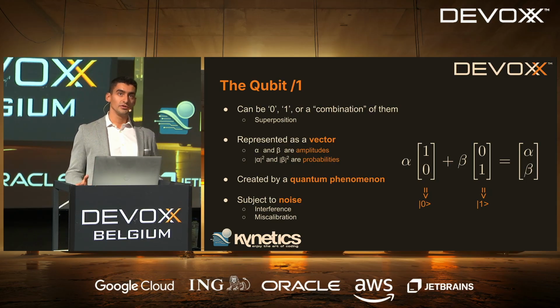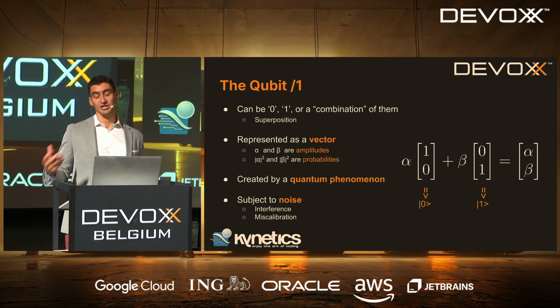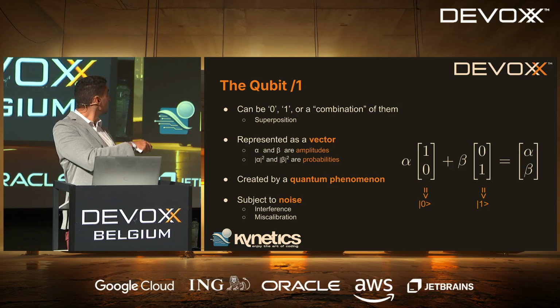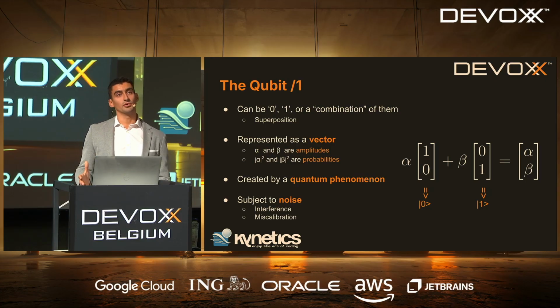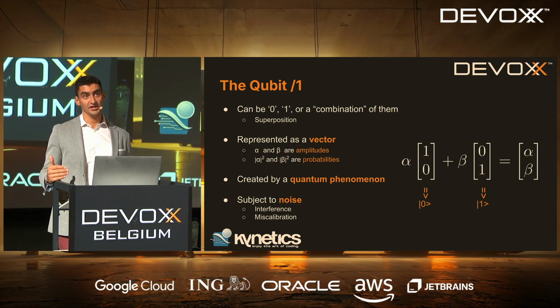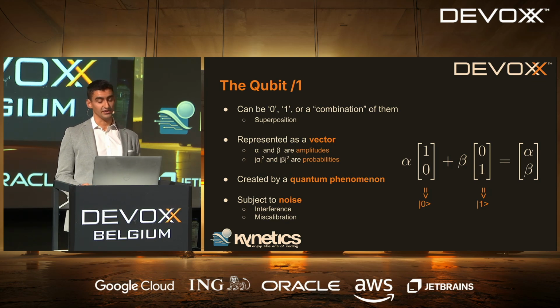We only know the probability for reading 0 when we measure it, or the probability for reading 1. And the probabilities are linked with these two quantities here, alpha and beta, that you see in the equation. So this is important. We don't know the value of the qubit until we measure it at the end of the computation. This is the real difference.